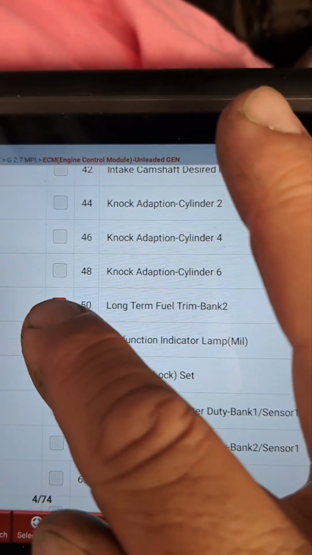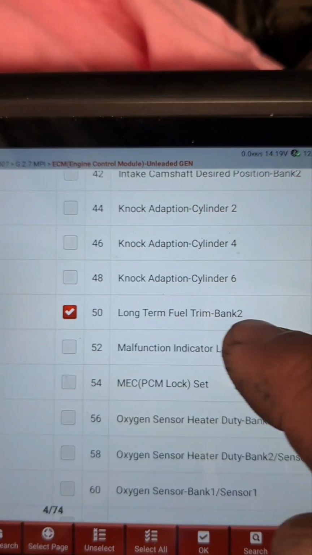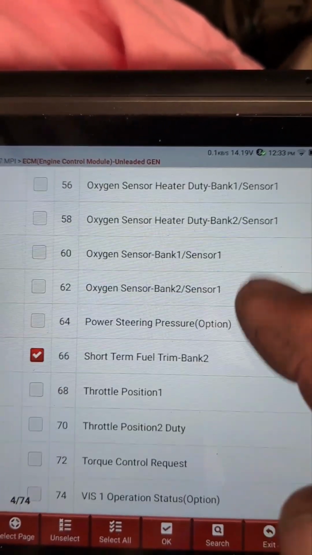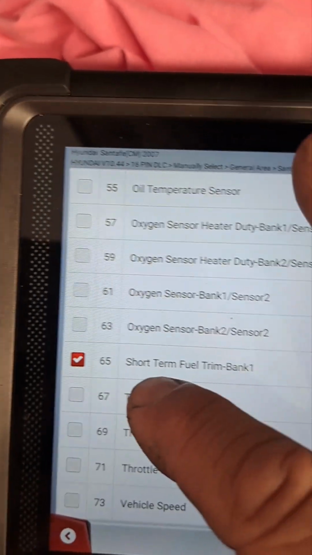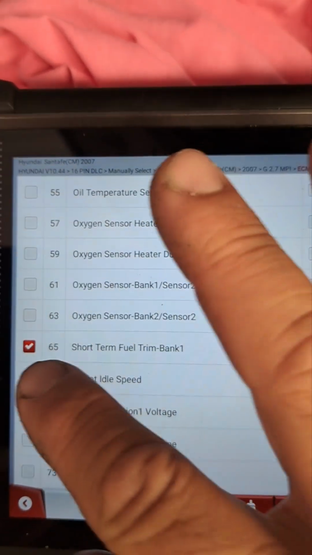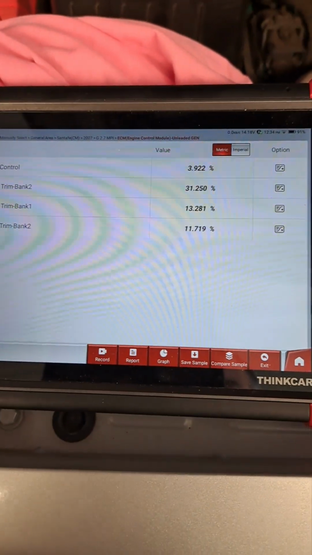Just to double check: long term fuel trim bank 2, and we want bank 1. Short term fuel trim bank 2, and short term fuel trim bank 1, okay, we got them. Now let's look at that data.